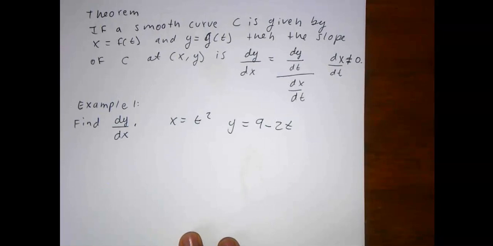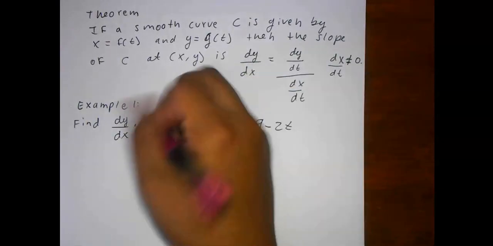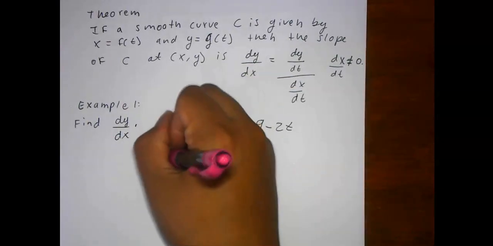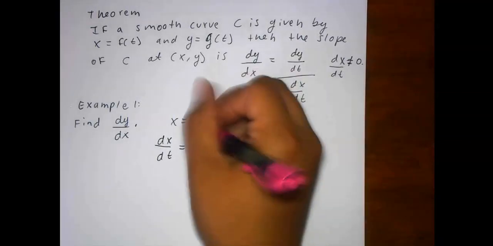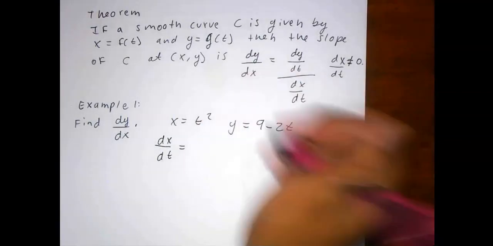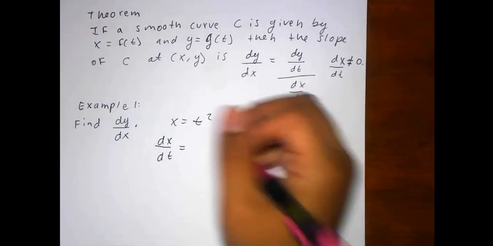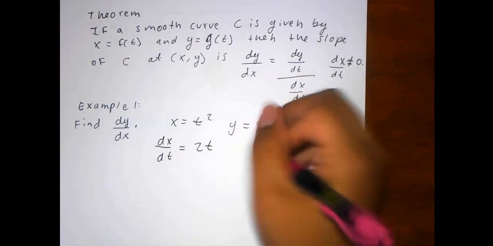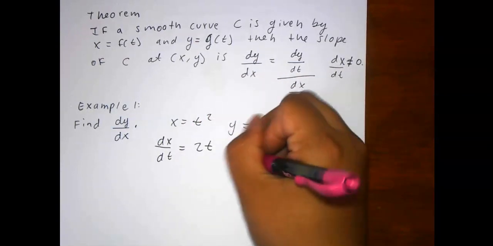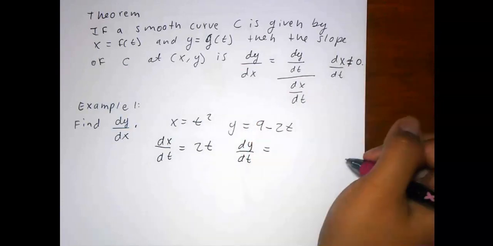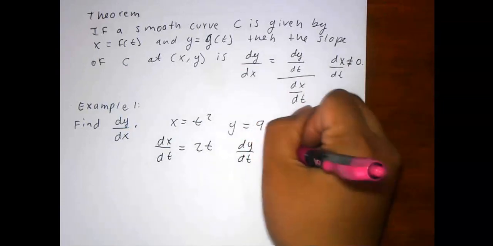It says find dx/dt. So remember that we need to find the derivative. So I'm going to have dx/dt, the derivative of x with respect to t. dy/dt, in this case, is going to be 2.